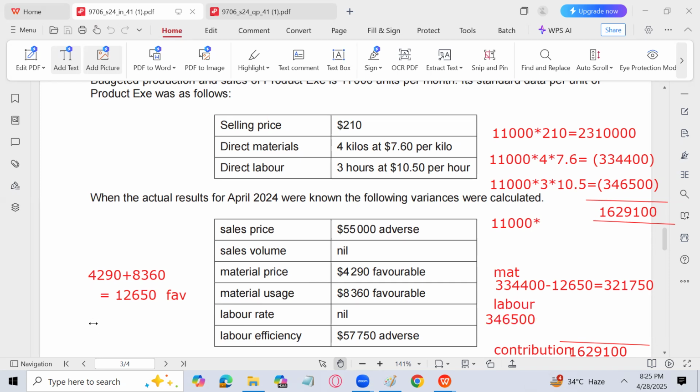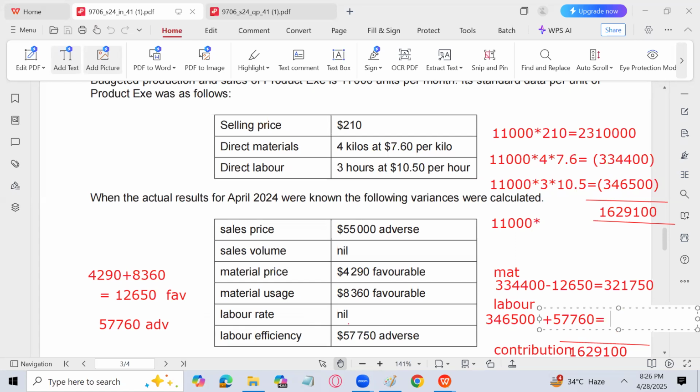Adverse means that our actual labor cost is more than the standard labor cost. It's a negative effect. So 346500 plus 57760, you will get the actual labor cost.